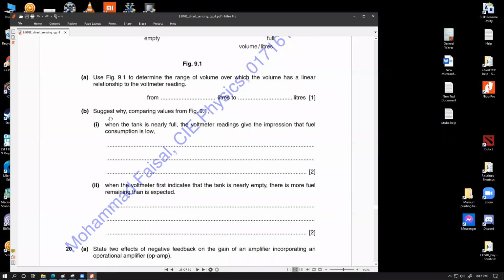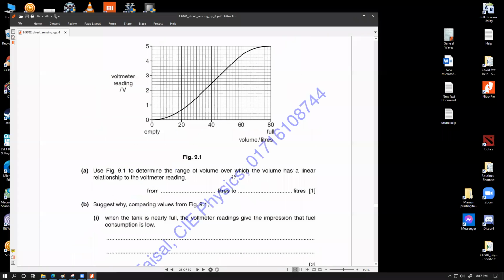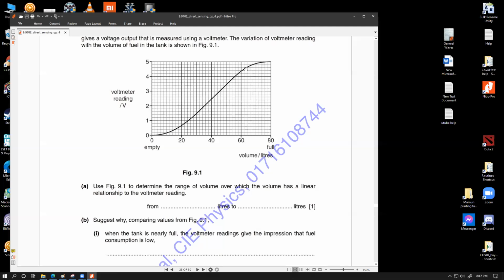So the question is why, comparing values from figure 9.1, when the voltmeter first indicates the tank is nearly empty, there is more fuel remaining than is expected. Because for this longer duration of the voltage change, the volume of the oil and the voltage drop was linear, so that's the mindset the observer would have.